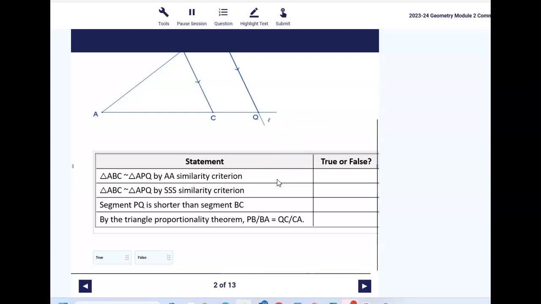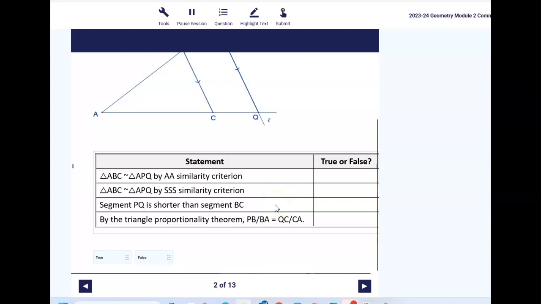Statement 1, triangle ABC is similar to triangle APQ by AA similarity criterion. B, triangle ABC is similar to triangle APQ by SSS similarity criterion.